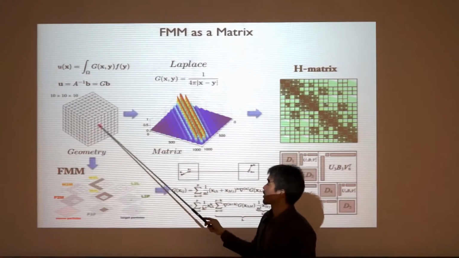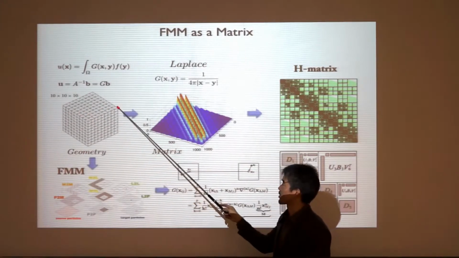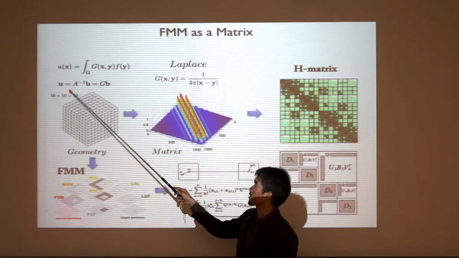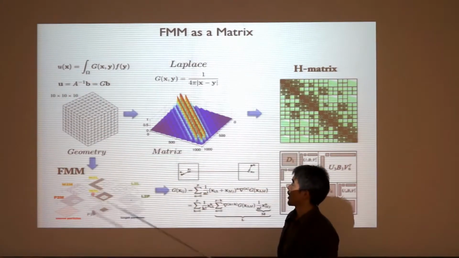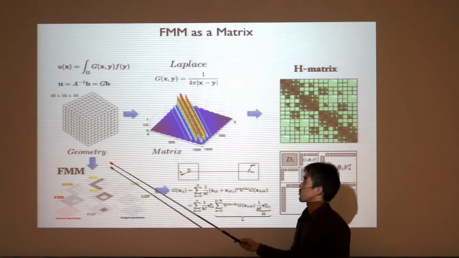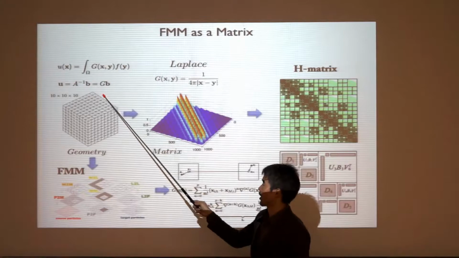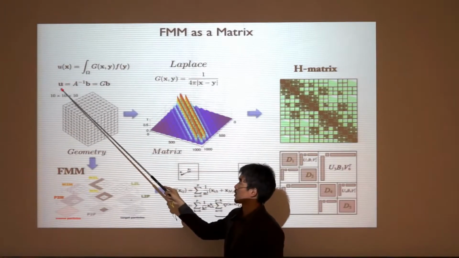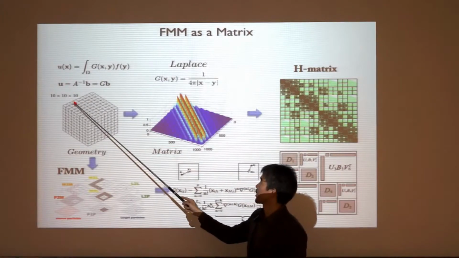So the original finite difference or finite element method will give you a sparse A matrix, and you will do AX equals B to determine the unknown X, and what you will get is an unknown. Well, let's call it U for this sake.